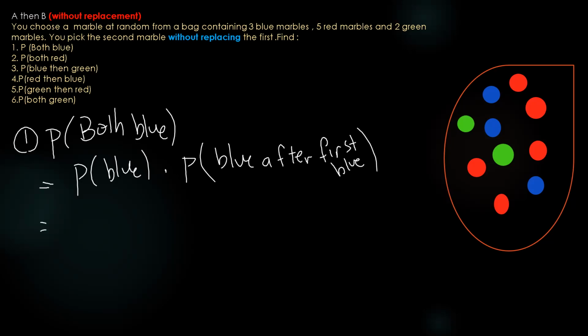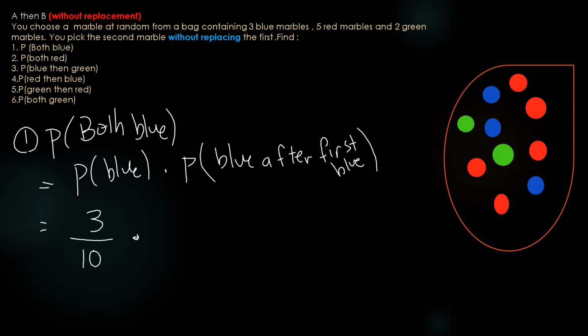Now here, what is the probability of blue? How many blue marbles do we have? We have 3. So the probability will be 3 over the whole possible outcomes, which is 10. So we have now 3 over 10 times.